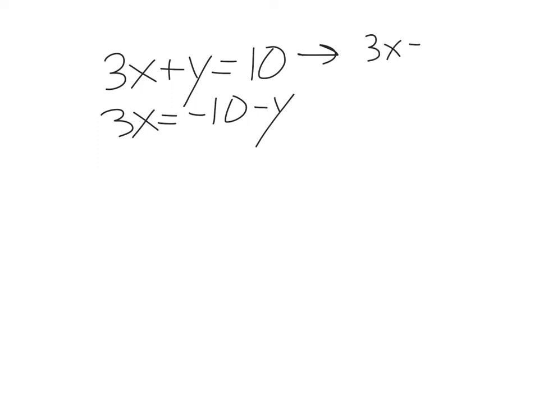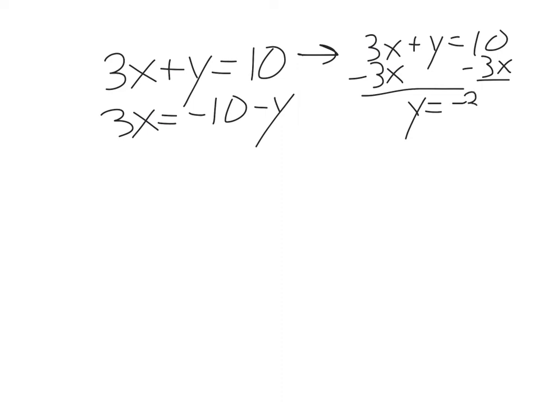So 3x plus y equals 10. And if I subtract the 3x from both sides, I get y equals negative 3x plus 10. Now I have a variable solved for that I can substitute into my equation.